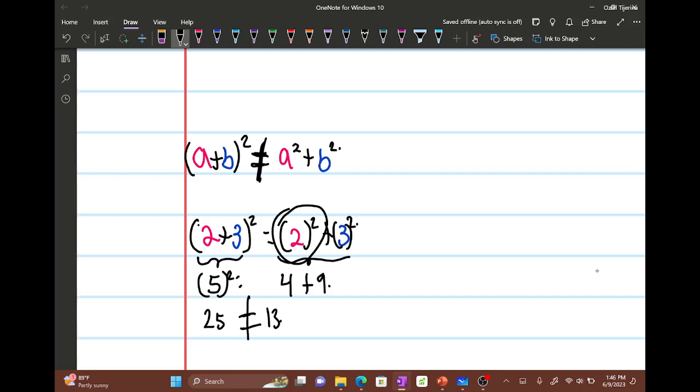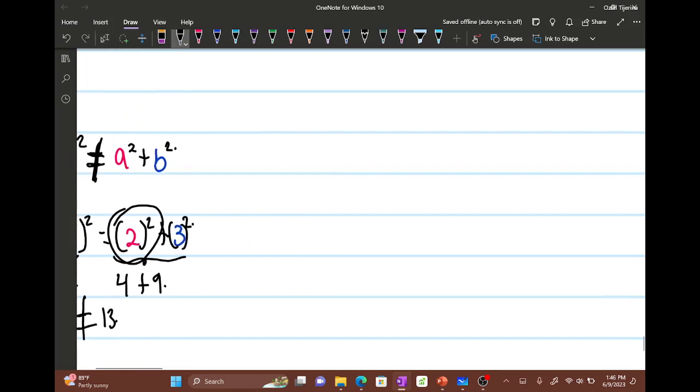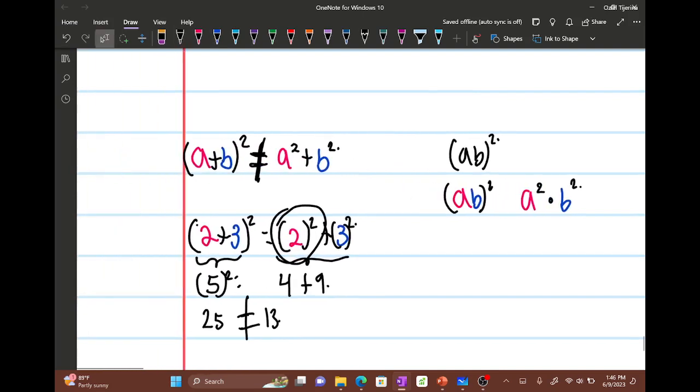So it's so important to understand the difference, and I think that students make this mistake because they see that it's true when you're multiplying these two expressions like a and b. We would always say, well, this is just a squared times b squared, right? But it doesn't go for when you're doing addition or subtraction.